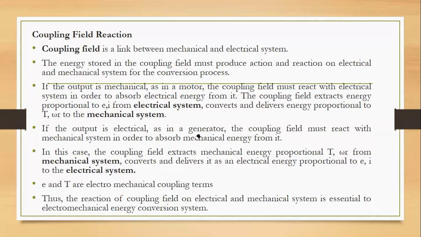Then it converts and delivers electrical energy, which is proportional to voltage and current, and brings it out to the electrical system. So voltage and torque are the coupling terms. Therefore, we can conclude that the reaction of the coupling field on the electrical and mechanical system is quite fundamental for the conversion process. Without this coupling field, without this magnetic field, we cannot do any type of conversion.